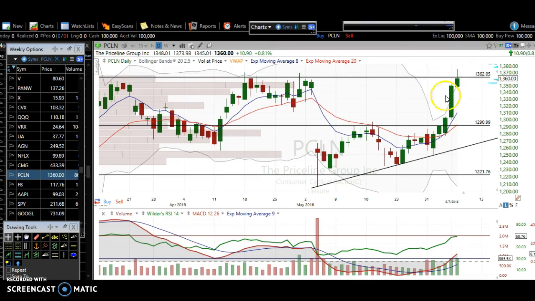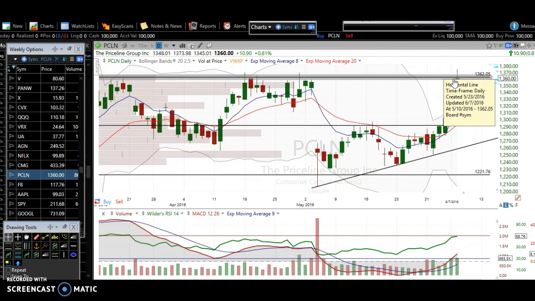Just want to reiterate, we were bullish on Priceline down at this level on this break over resistance. We got our target at 1360 up here. Now it's not our problem anymore.